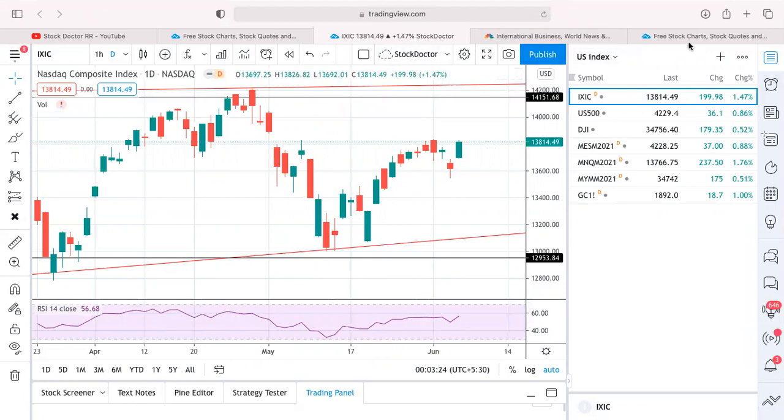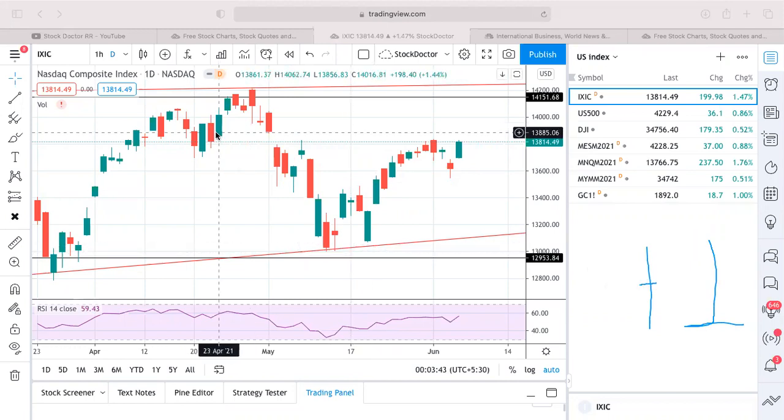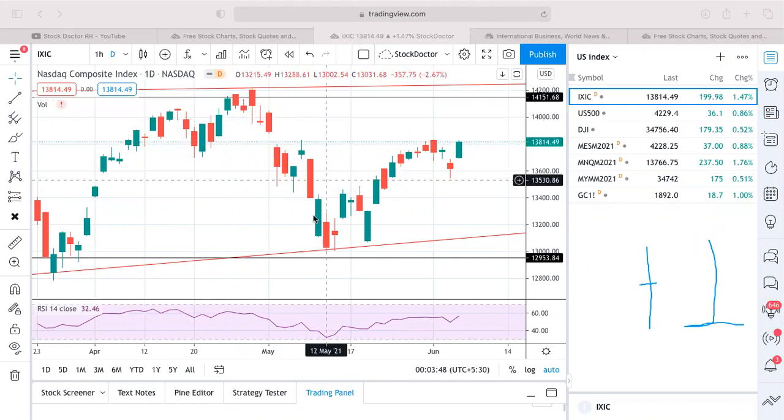That means you won't see many of these kinds of candles on a day trade. Whenever these kinds of candles are there, that means there is indecision in the market. But most of the candles in the Nasdaq are either a red candle or a green candle on a one-way run, either on the upside or on the downside. Now let me clear this drawing.